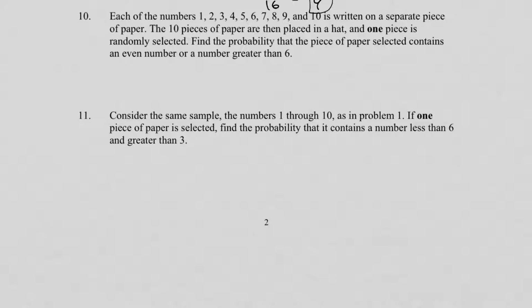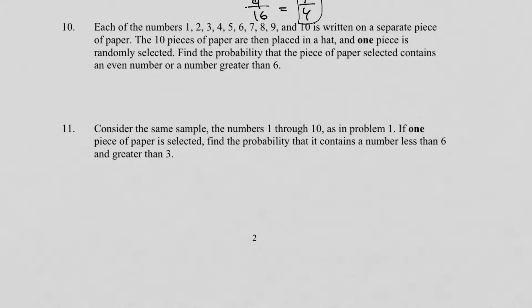Number 10, you have pieces of paper with 1 through 10. Put it in a hat, okay? You know, this happens when you're picking whatever, who's going to go first, or who's going to get a prize or whatever. So notice that one piece is taken out as one event.